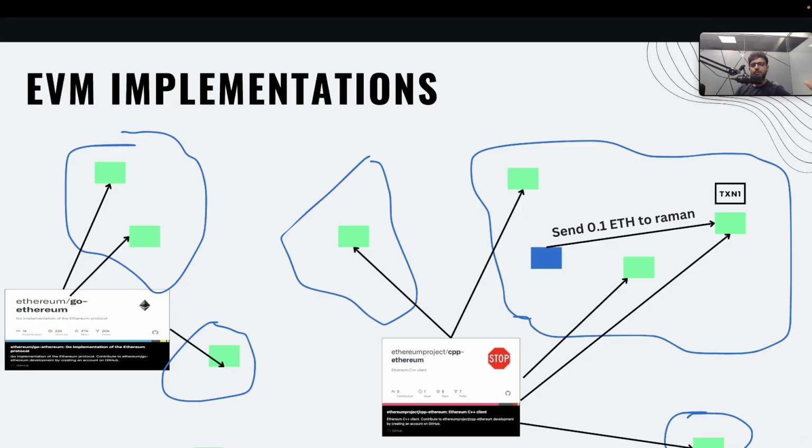So in every blockchain, how do you know it's truly decentralized? If many people are writing multiple implementations of the code, then a single person can't change the code. A single person can't even hack the Ethereum protocol because someone else has written the protocol in a different language.